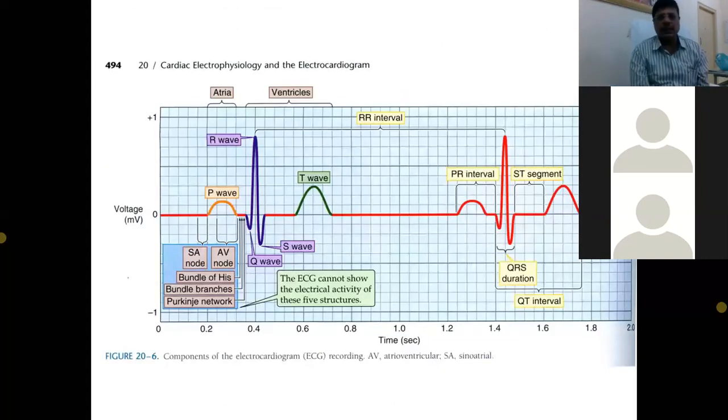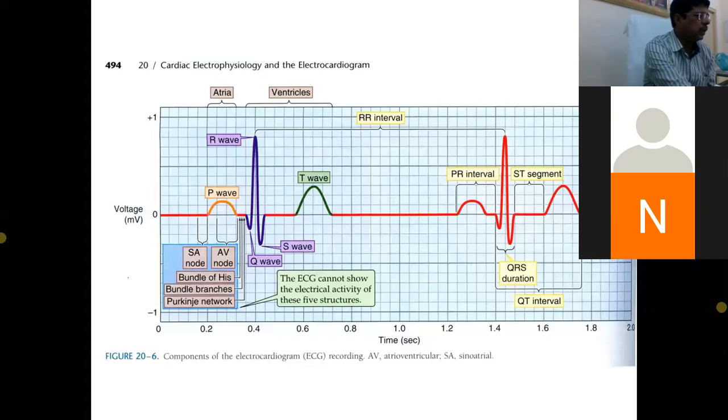So this is again one more look at the ECG, but you can see here that in this slide the waves are shown, and at each point of time on the ECG it shows what is actually happening in the heart. Say for example, here at this point he says the SA node is discharging.